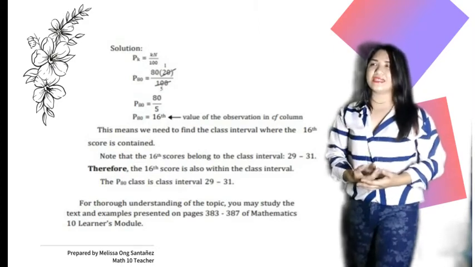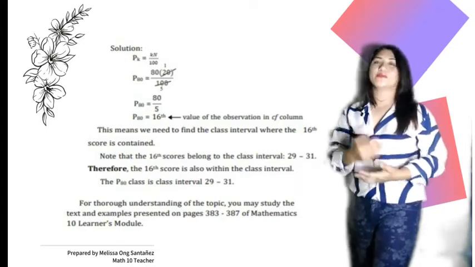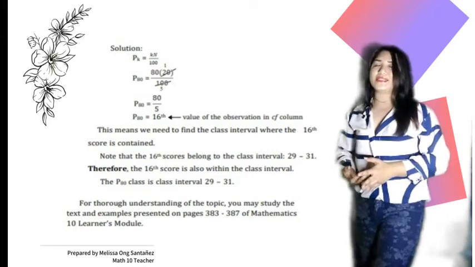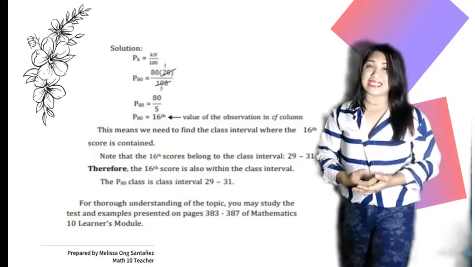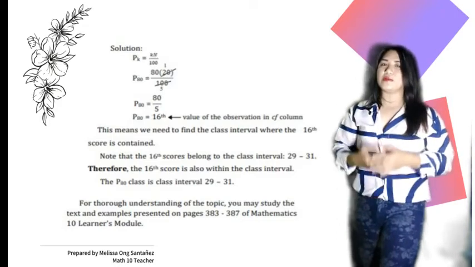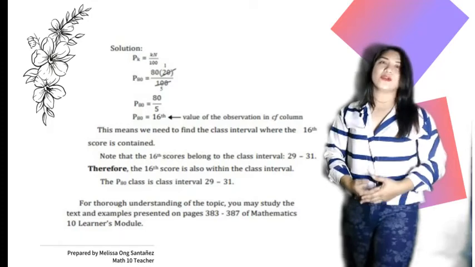So our nth can be any number between 1 up to 99. We will be looking for the partition value at 80. Our formula would still be the same, Pk is equal to kn over 100.